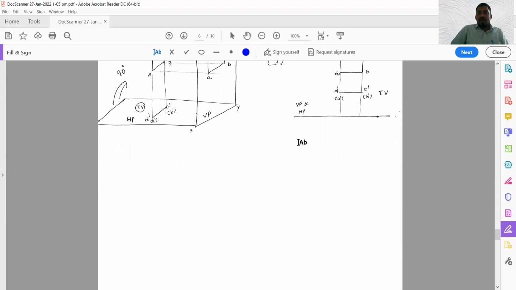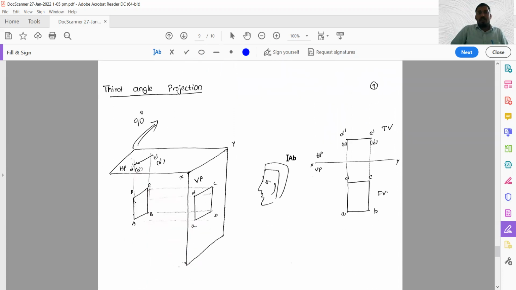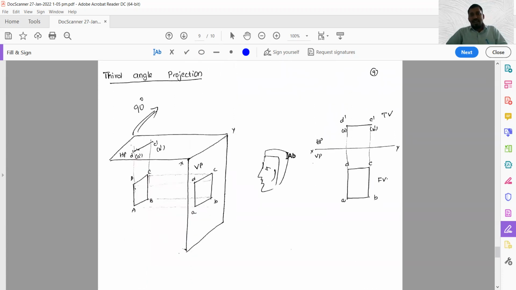Next one is third angle projection. This is completely reverse to the first angle. See, this is third angle. The object is placed in the third quadrant, 180 to 270 degrees. Again here, between the object and observer we see the plane.